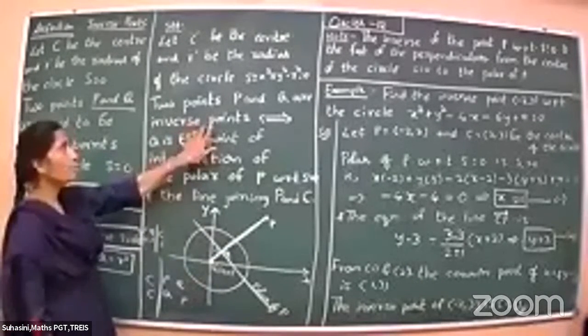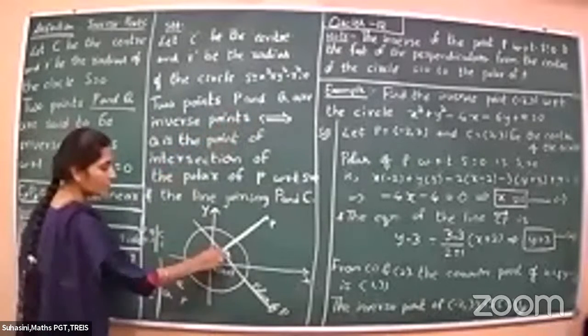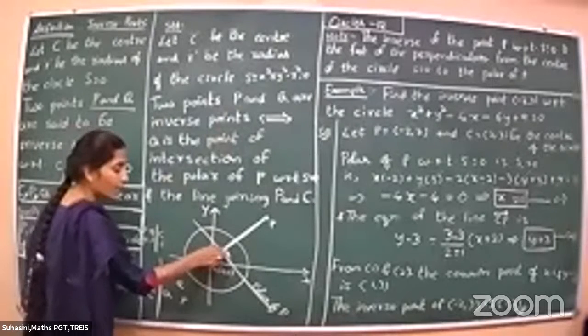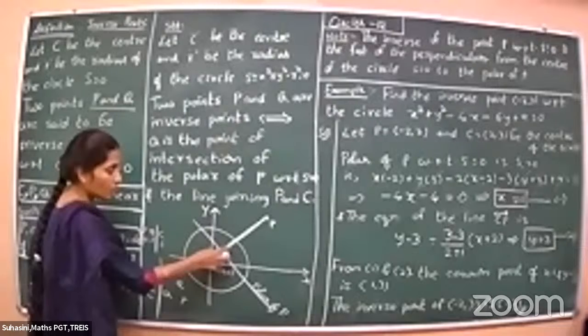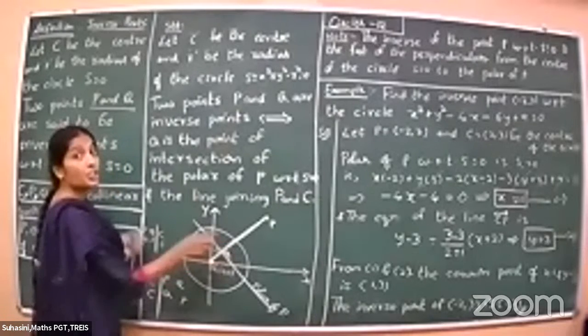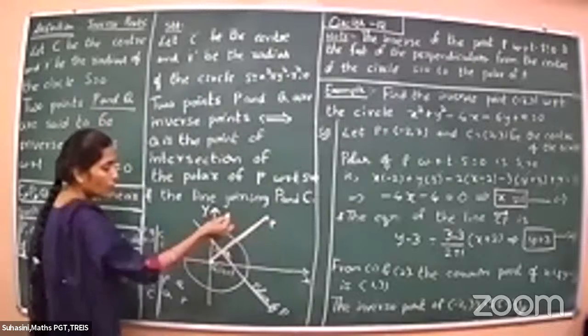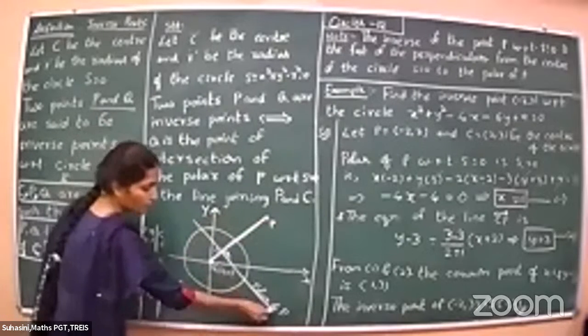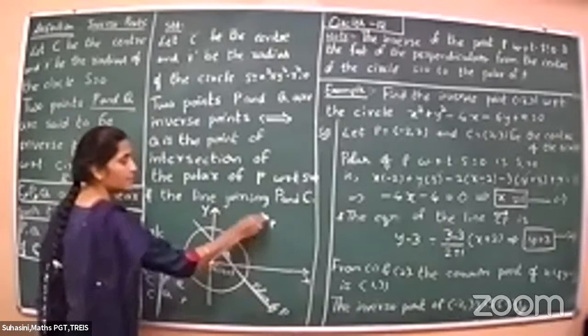According to this statement, if P and Q are inverse points, then Q is the point of intersection, the common point of two lines. Q lies on the polar of P, and Q also lies on the line joining CP.